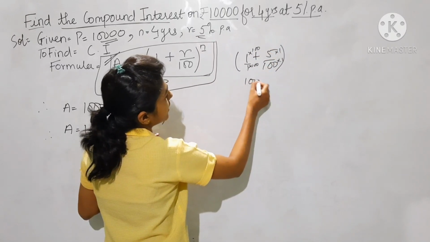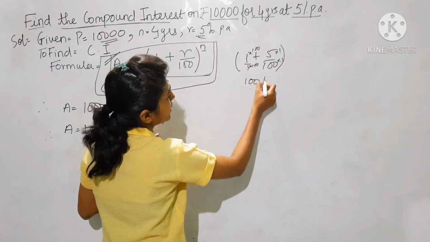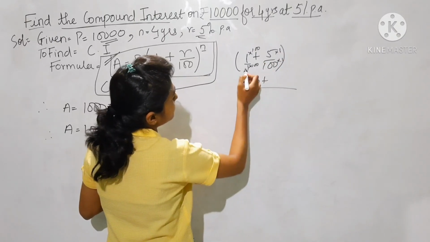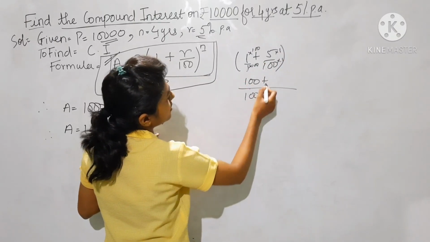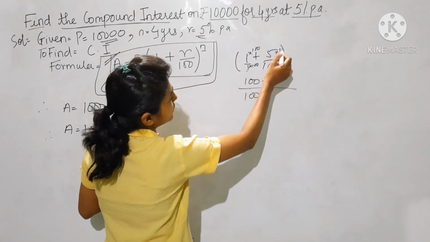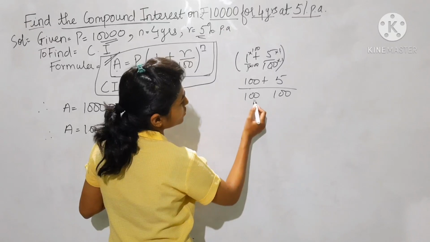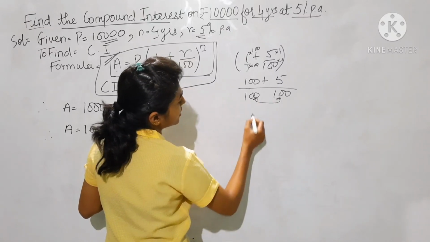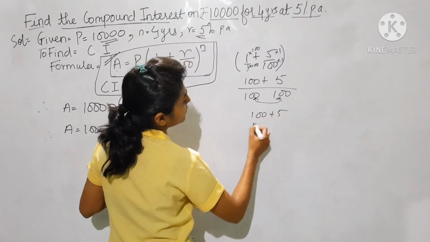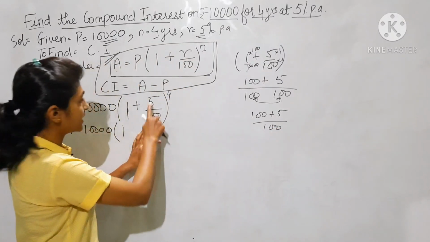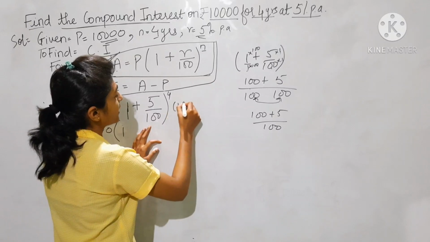1 into 100, the same number I am going to multiply by the denominator and numerator. So what will be there? 1 into 100 is 100, plus 5 into 1 is 5, divided by 100 into 1, 100. Okay, so see here denominators are same. So 100 plus 5 divided by 100. This is the LCM. In bracket I will write LCM.